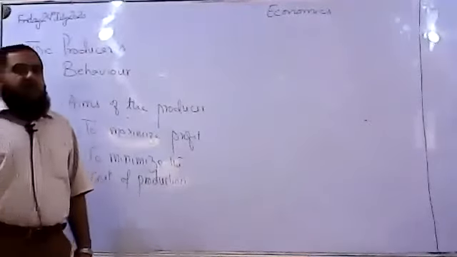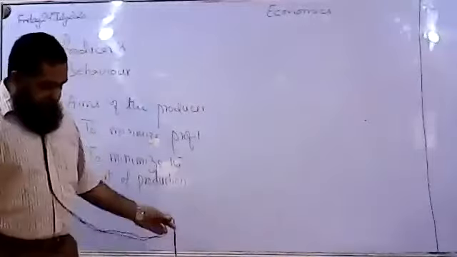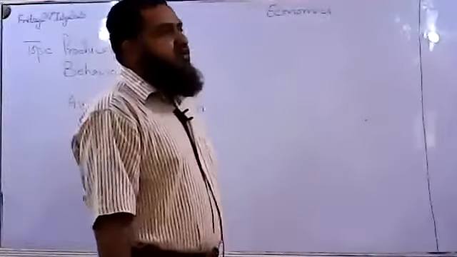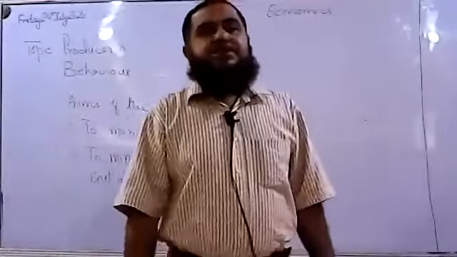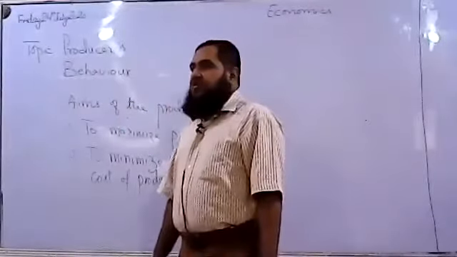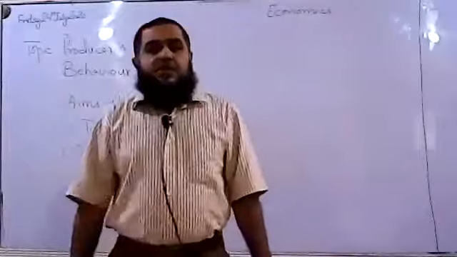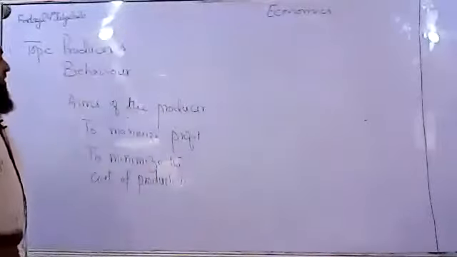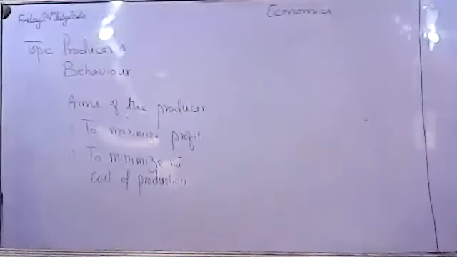So the producer's economic aim is again to optimize, and what is he optimizing? He is optimizing the profit. He wants to maximize the producer's profit by using his methods of production and reducing the cost of production.